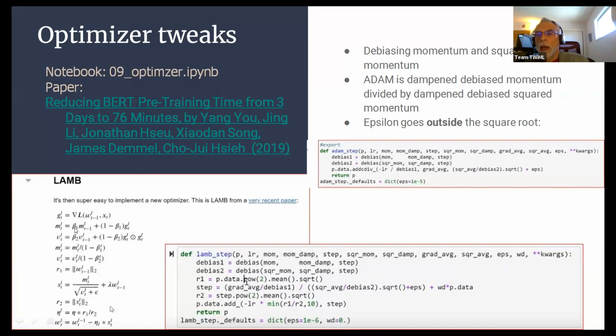The momentum is a linear combination of the momentum at the previous step, some constant times the momentum at the previous step, m t minus 1 of this layer, plus 1 minus that constant times the gradient at this step.